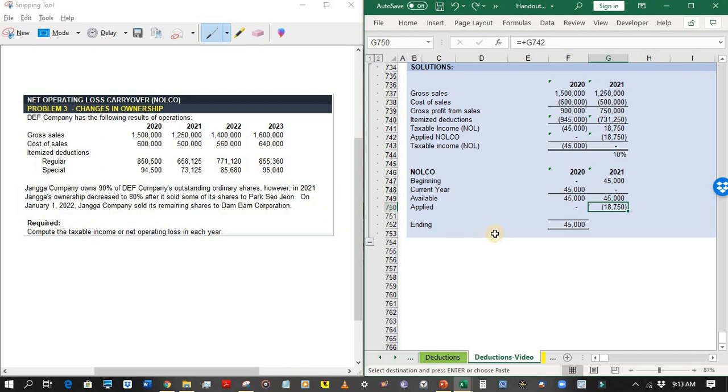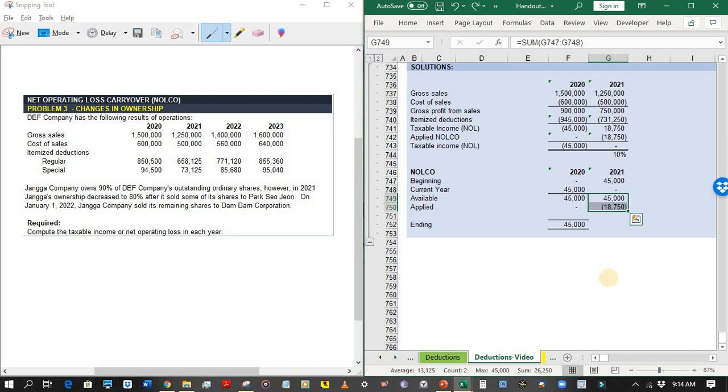So this time, our available balance of NOLCO of 26,250, which is computed as 45,000 less 18,750, can no longer be deducted starting 2022 because there is already a substantial change in ownership, which means that the 26,250 will be automatically expired as of the date before the substantial change in ownership.